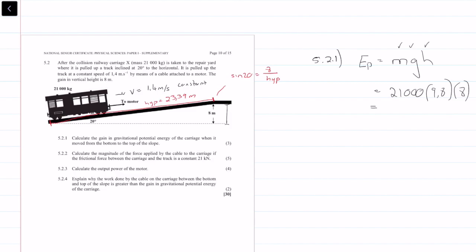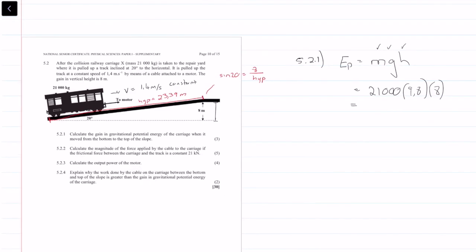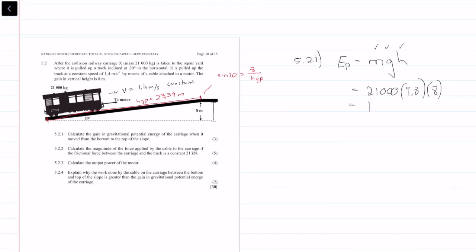The value that is given is 1,646,400. And what units are we using? We're using joules. We can also have written this as 1.65 times 10 to the 6 joules. Either one of them is correct because it means exactly the same thing, and we get 3 marks right there.